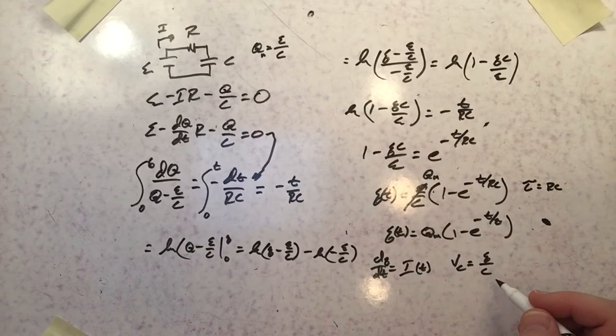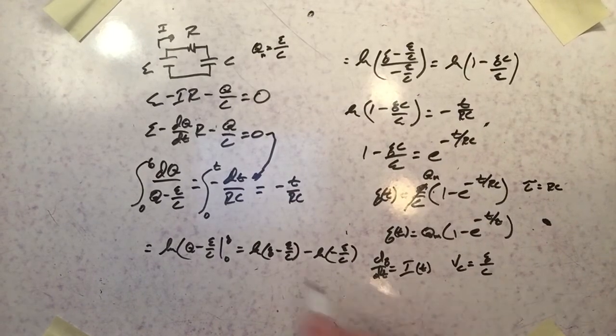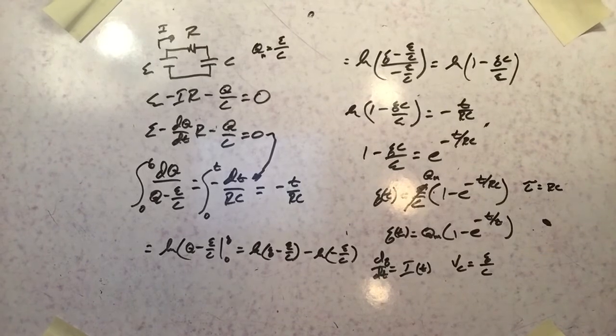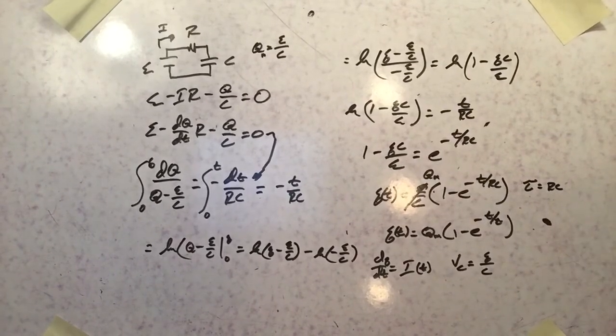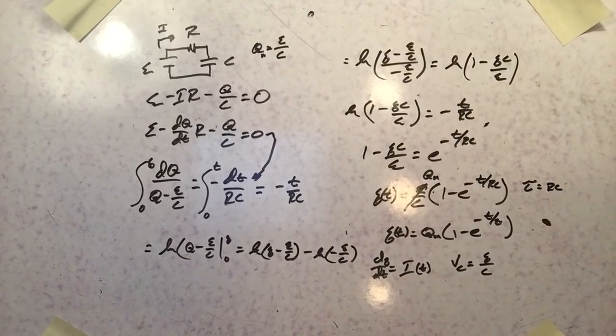So as a result of that, I can find the voltage across the capacitor, the voltage across the resistor, the current, and the charge on the capacitor, all as a function of time, just as a result of that one differential equation. Okay, in class, we'll work this out for the other case, which is when it's discharging.